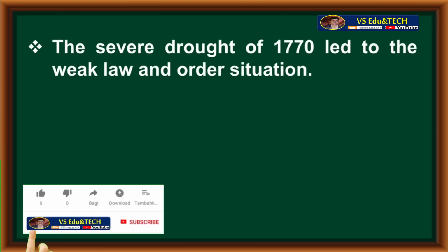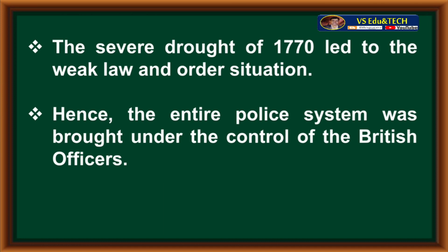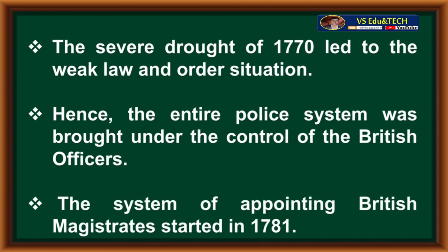The severe drought of 1770 led to the weak law and order situation. Hence, the entire police system was brought under the control of the British officers. The system of appointing British magistrates started in 1781.